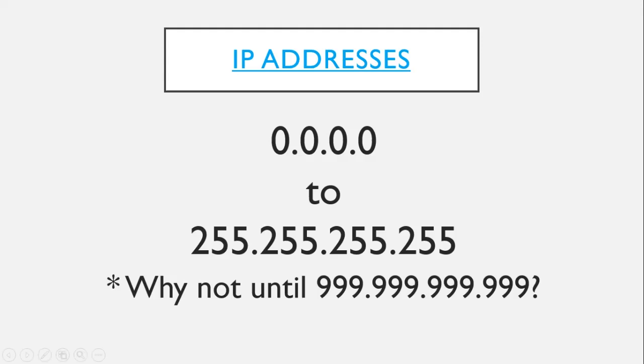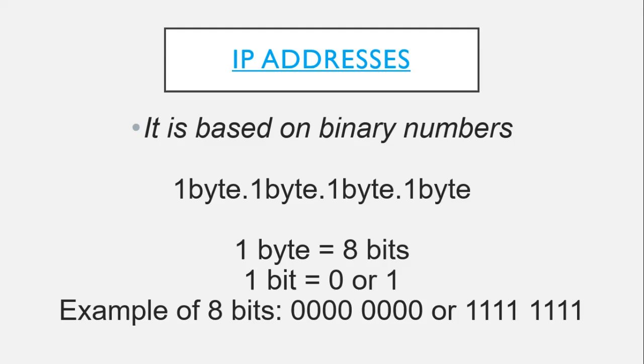So the reason is that IP addresses are based on binary numbers. So it's actually in this format: 1 byte, that 1 byte, that 1 byte, that 1 byte. Since 1 byte is equal to 8 bits, it's 8 bits dot 8 bits dot 8 bits dot 8 bits, where each bit can be 0 or 1.